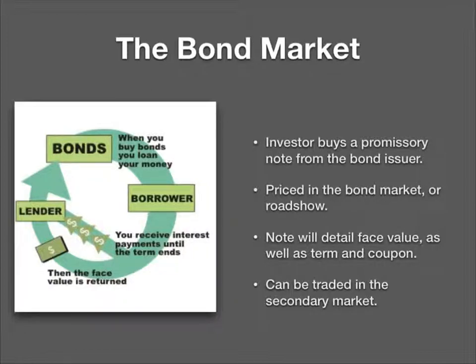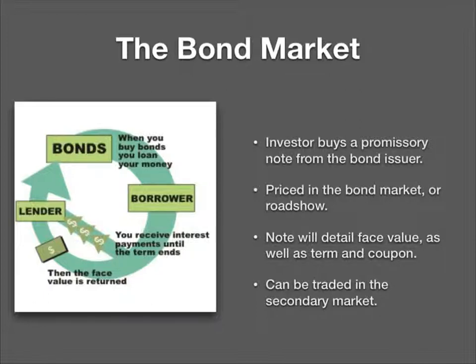I'm going to pay you $100 a year for the use of your money, so that's a 10% interest rate, and I'm going to keep this $1,000 for 10 years. So basically, each year you're going to get $100, the coupon payment, and at the end of 10 years, I'm going to give you your original $1,000 back.